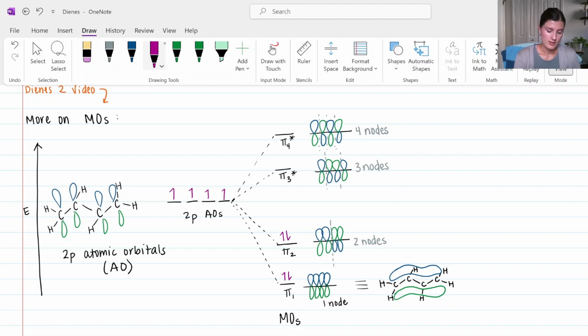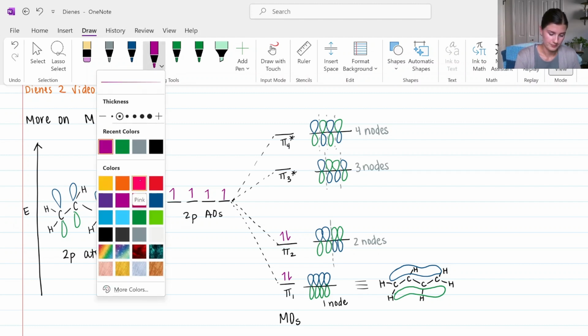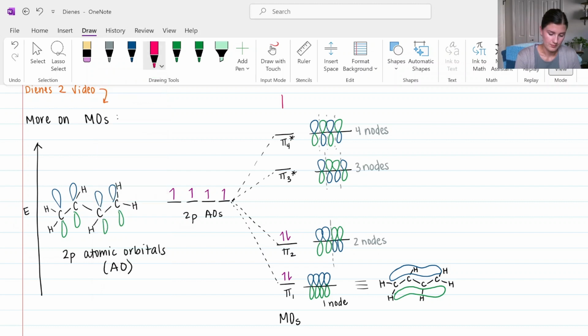So this here, let's use a different color now, where we show the 4 pi molecular orbitals and the electrons filled in pi 1 and pi 2. This is the molecular orbital diagram representing 1,3-butadiene.